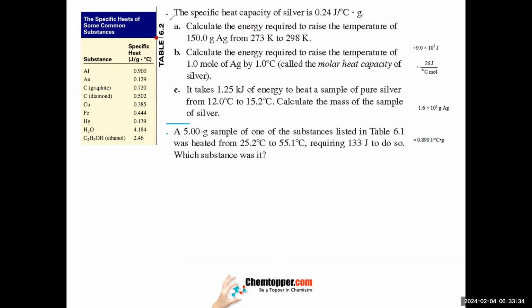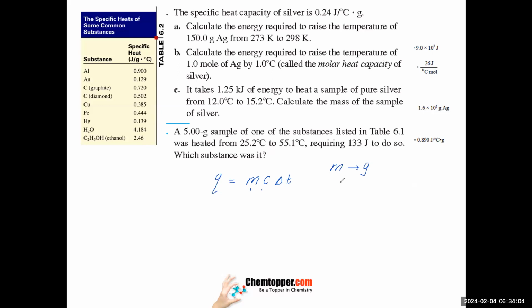Okay. Ready to do questions based on specific heat capacity definition, meaning if you remember we did this equation Q equals M C delta T. You know the meaning of everything. What is M? Yes, M is the mass of the substance in grams.